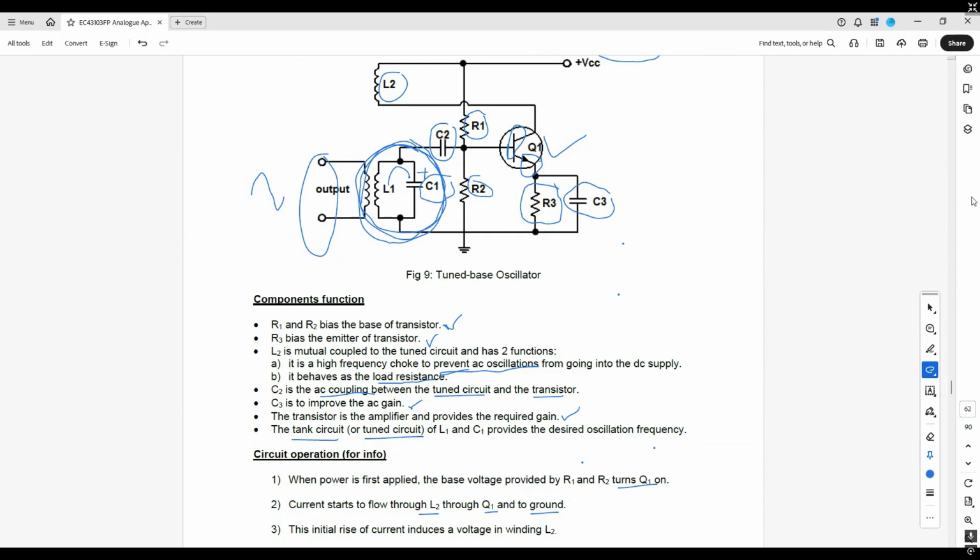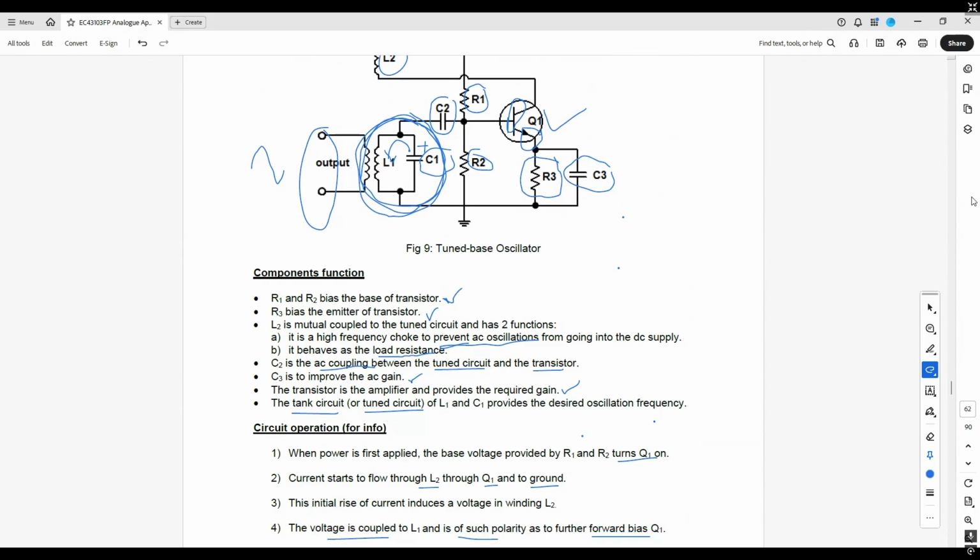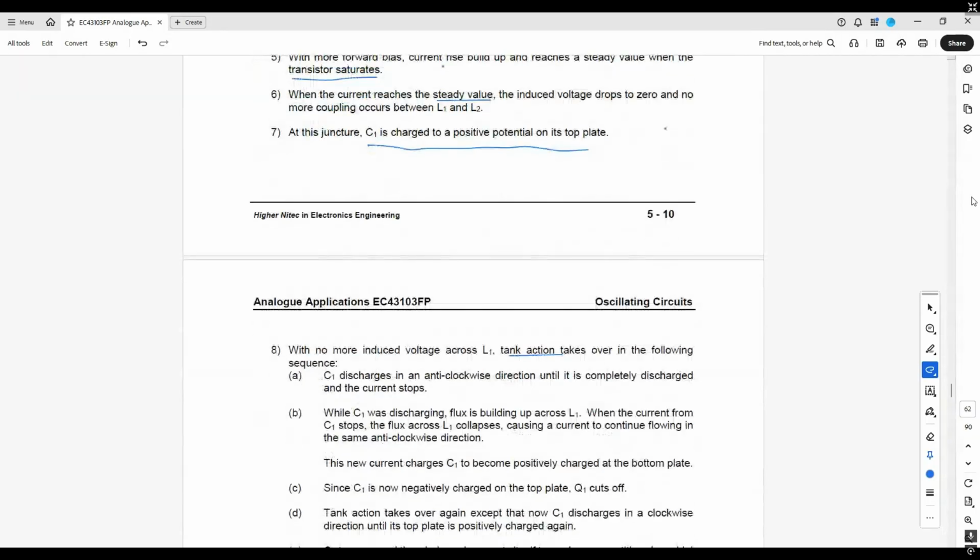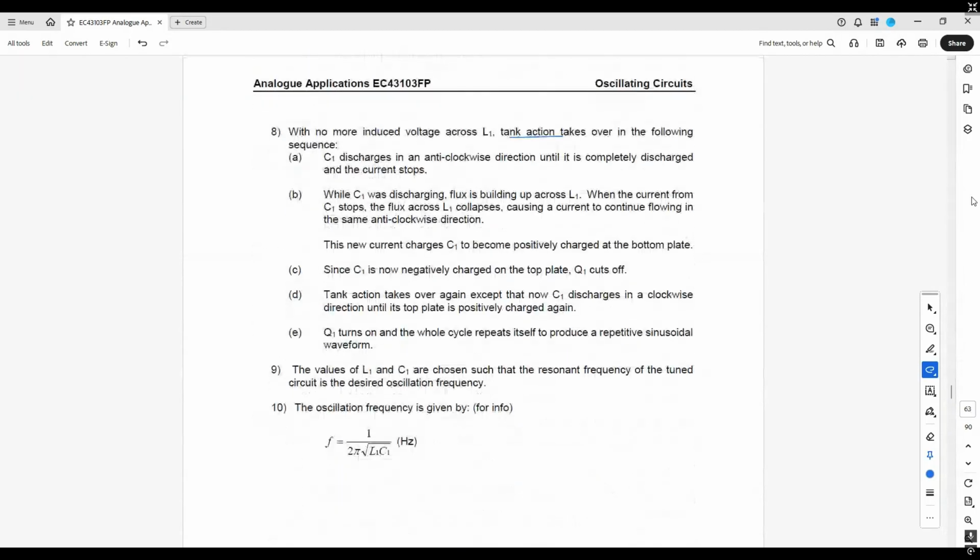After it's fully charged, it will discharge. It said anti-clockwise. Okay, discharge through the inductor in the anti-clockwise direction. Okay, follow me first. So when the current flows through L1, the L, there is a flux building, or magnetic field. All right. So of course it charges to a point when current from the capacitor C1 stops.